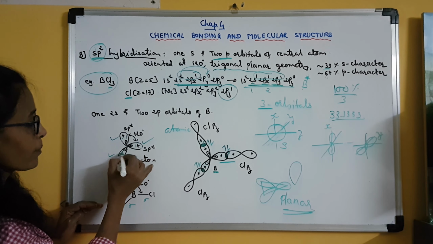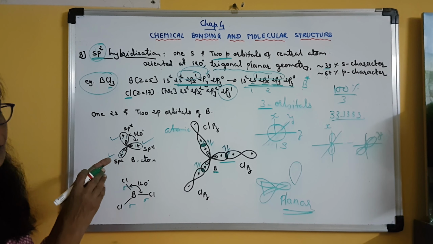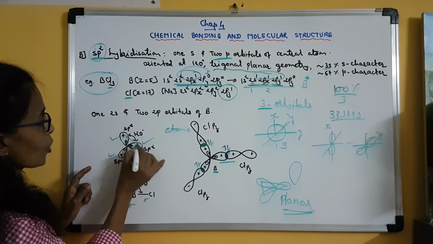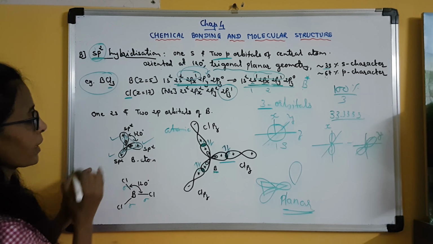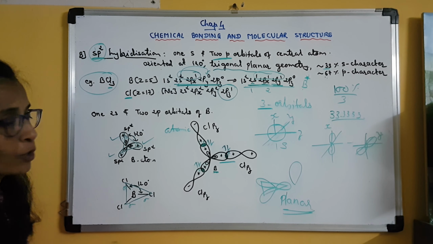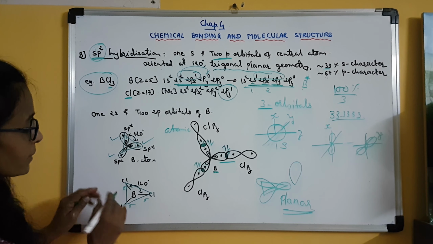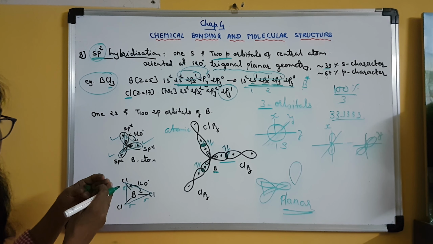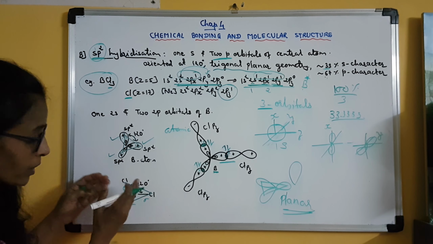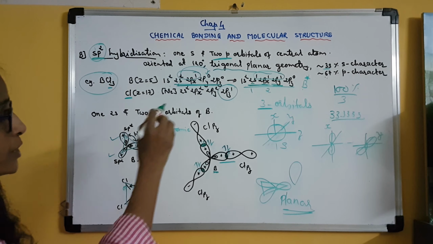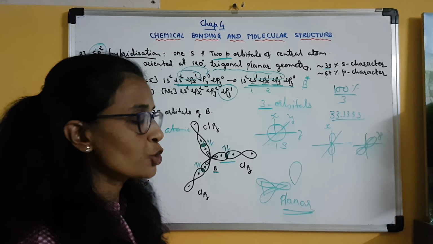Because these hybrid orbitals are at the corners of the triangle. Clear? So if you join like this, you will get the triangular shape. And all the bonds are in the same plane. Here you can see they are all on the plane of this whiteboard. Clear? So they are planar, and that is why this BCl3 has a trigonal planar geometry.